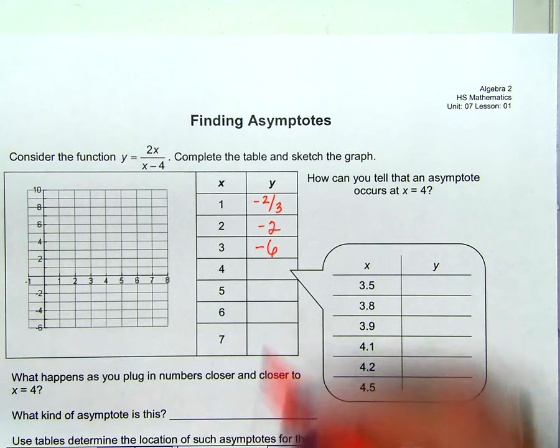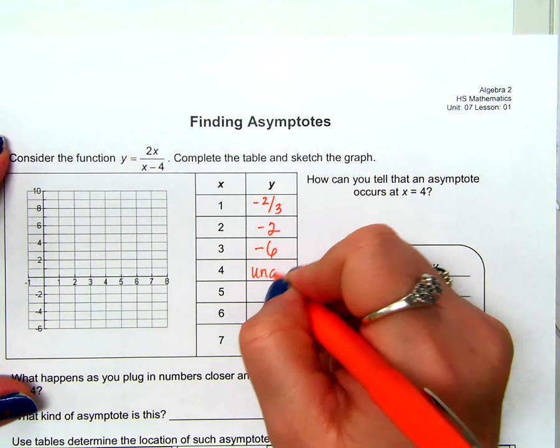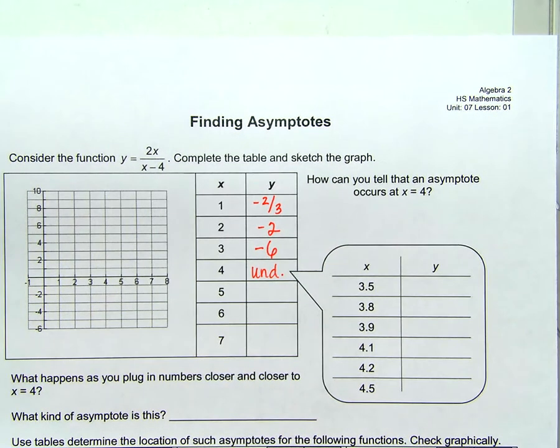Because this is undefined, right? Why do I mean it's undefined? Not a real number. And why do I not want you to write error? It's not an error. We put in a 4 and we got something. What did we get? A number divided by 0. That's what makes it undefined. We don't divide by 0.